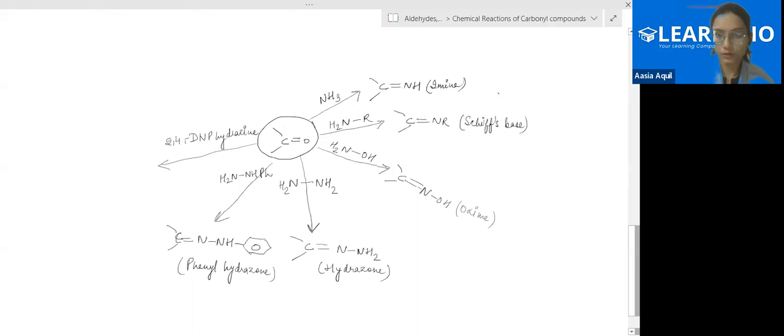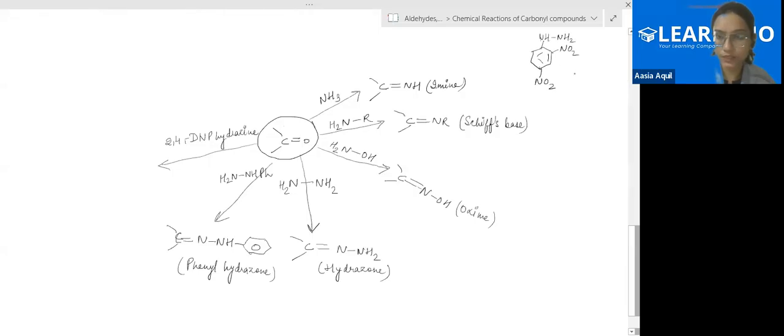I'm writing here, this is a benzene ring. Here 2,4-dinitro: on the second and fourth positions a nitro group is there, and on the first position it is hydrazine, NH2.